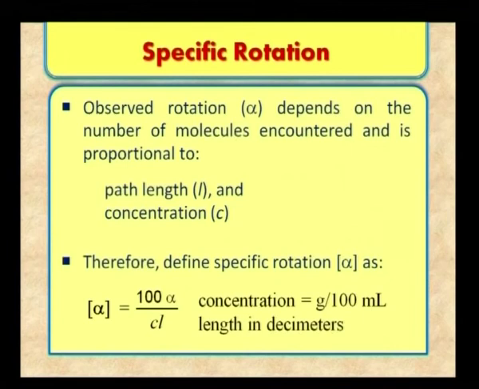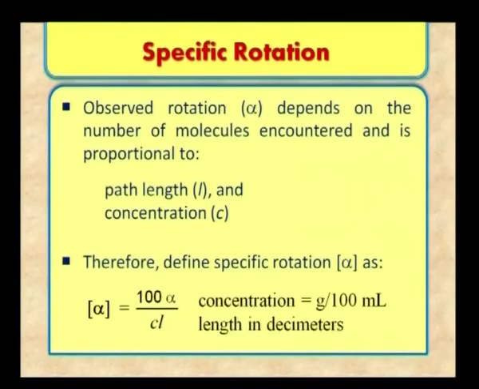The observed rotation alpha depends upon the number of molecules encountered, and it is proportional to the path length L of the solid substance or liquid substance, and if it is a liquid you have got a concentration C, and therefore, define the specific rotation alpha as alpha is equal to 100 times alpha by C into L.